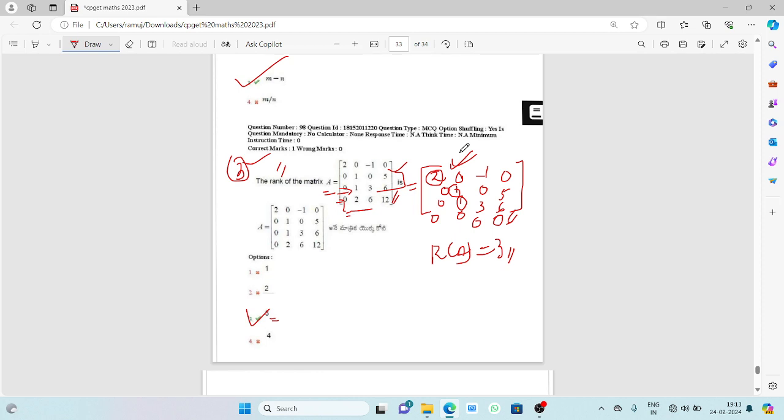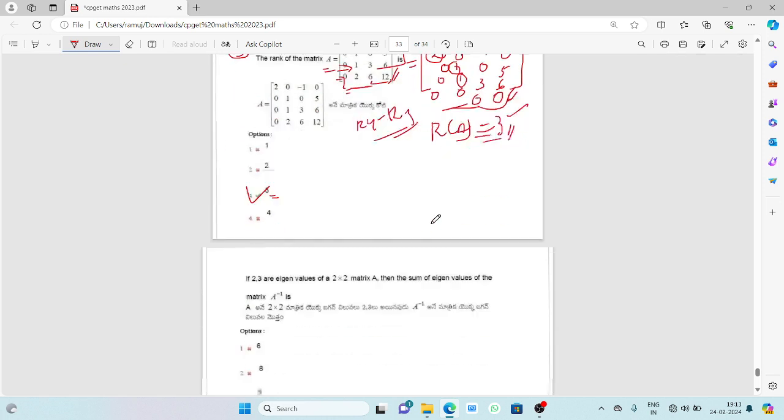We just did the R4 minus R4 row operation and got 0 0 0 as the fourth row, so the rank of that matrix is 3.